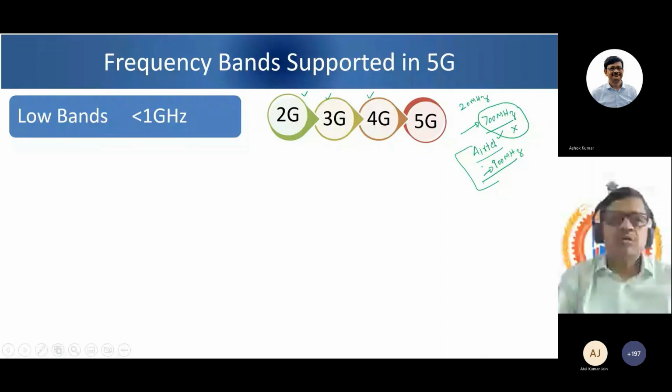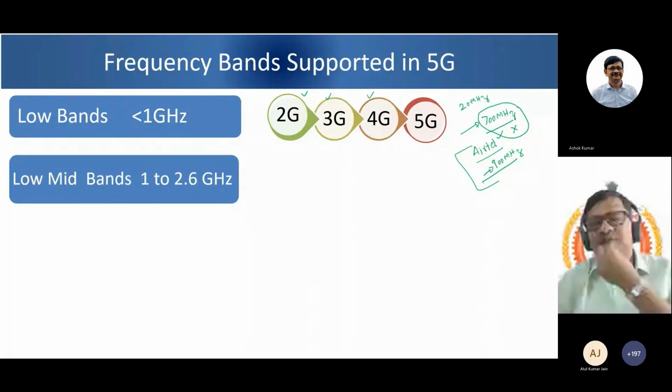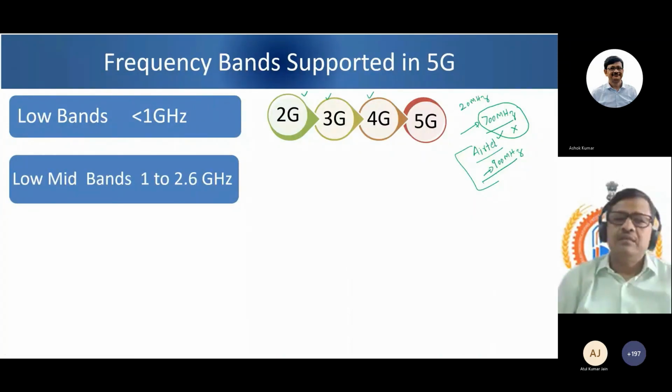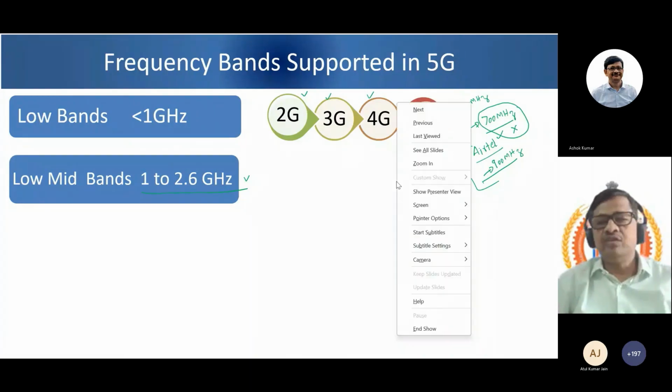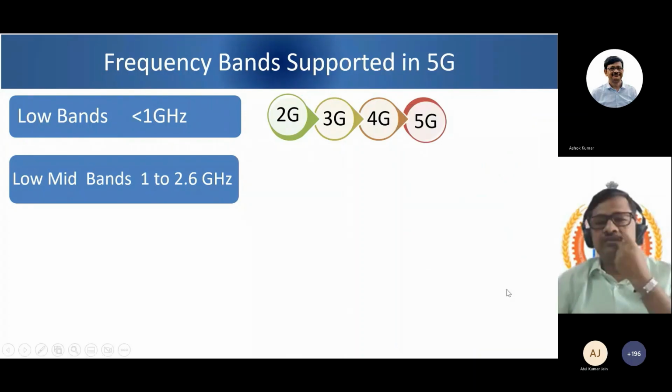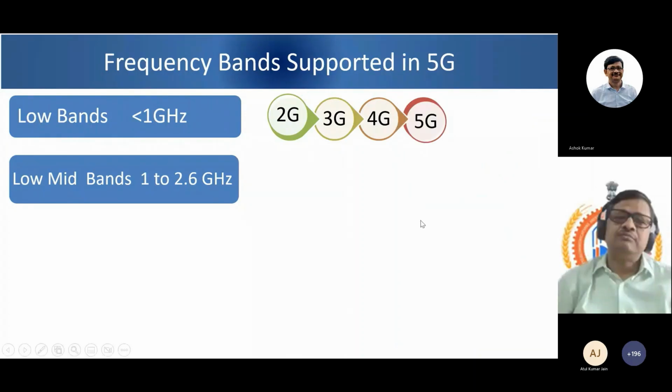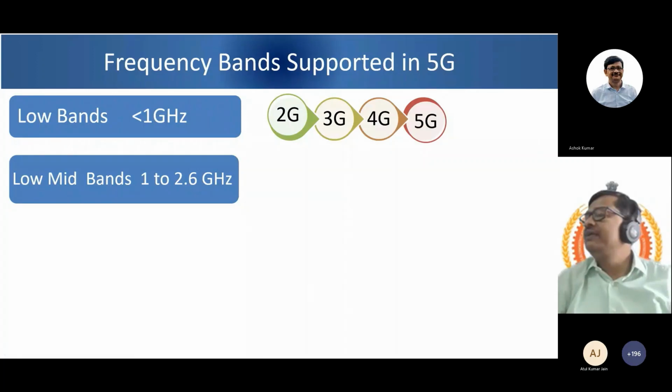Now let us talk about the lower part of the mid band. So the frequencies which are more than 1 gigahertz and up to say 2.6 gigahertz, the low mid band. And if you recall, which technologies are working on these bands? Can you guess? Which different technologies work on 1 to 2.6 gigahertz?